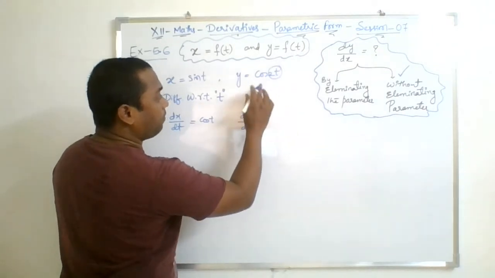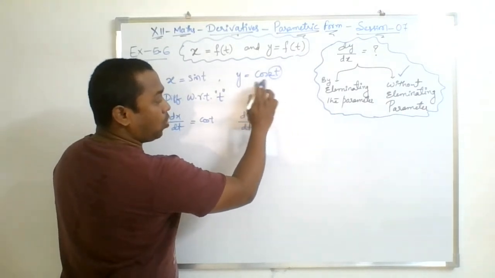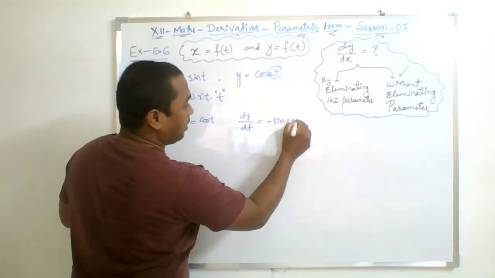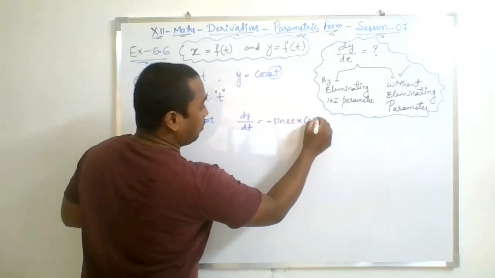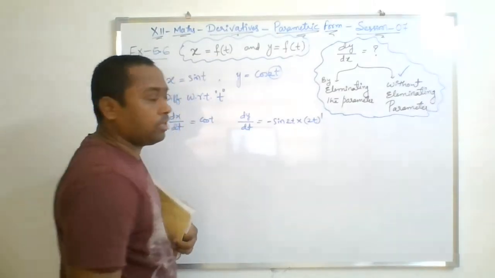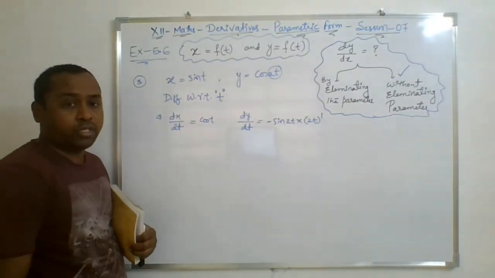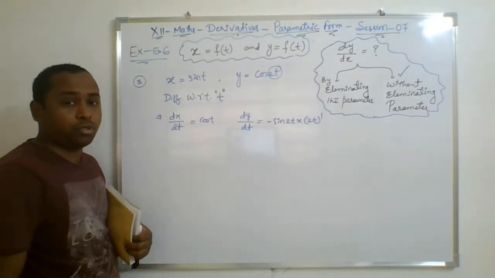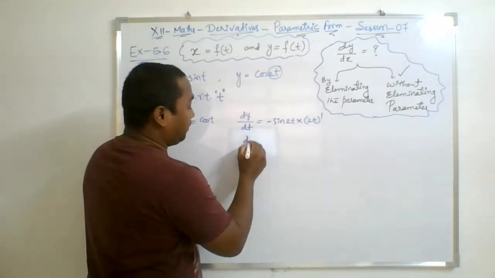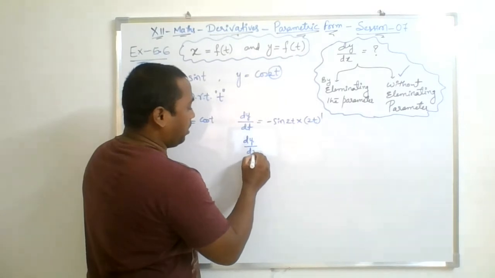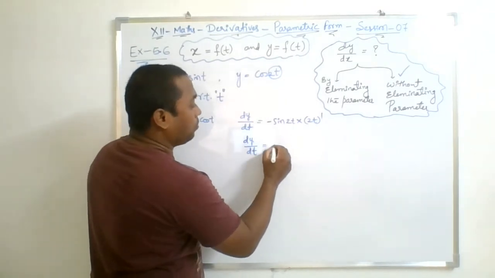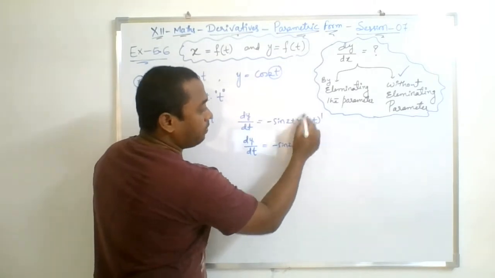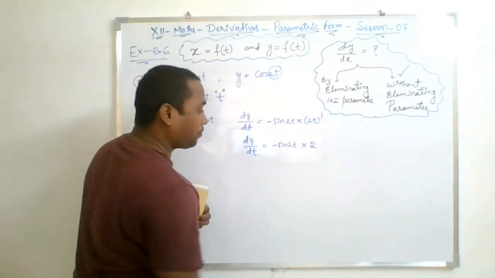it is in the form of cos x. First, the derivative of cos x is minus sine x into the derivative of 2t. That is the chain rule we use wherever it is a function of a function, that is a composite function. So dy by dt is equal to minus sine 2t into the derivative of 2t, which is 2.